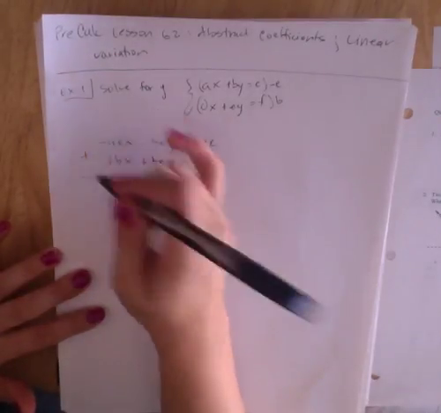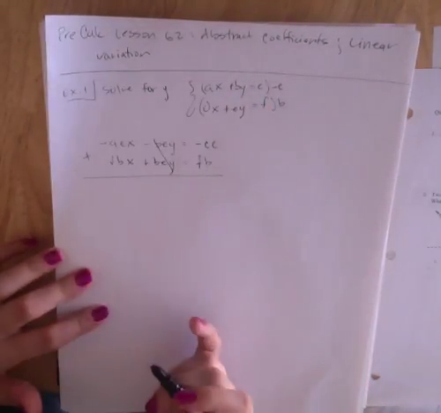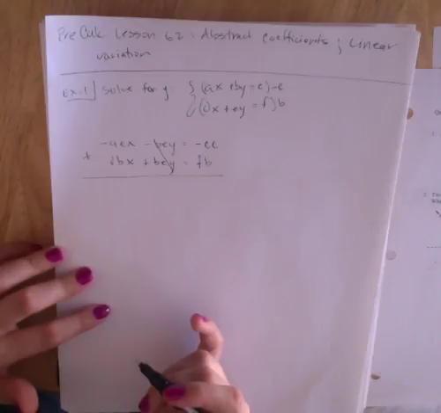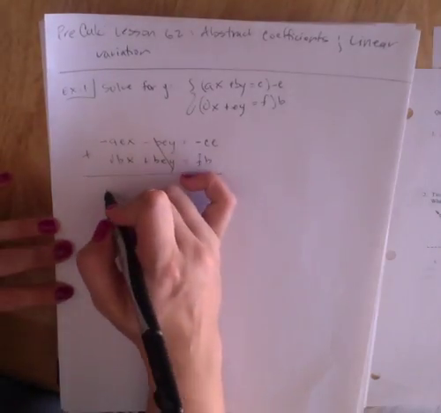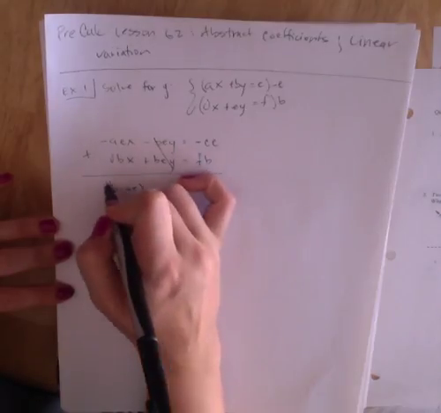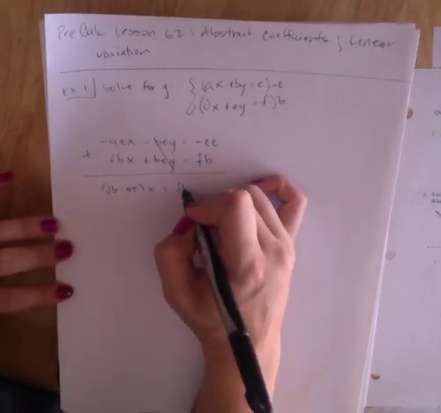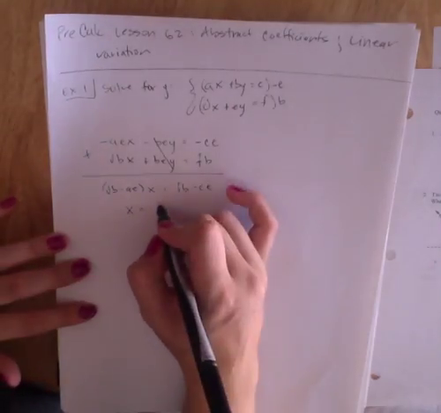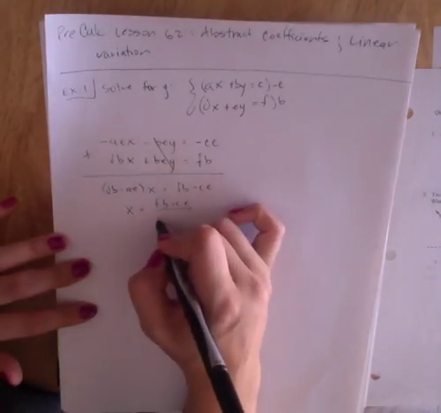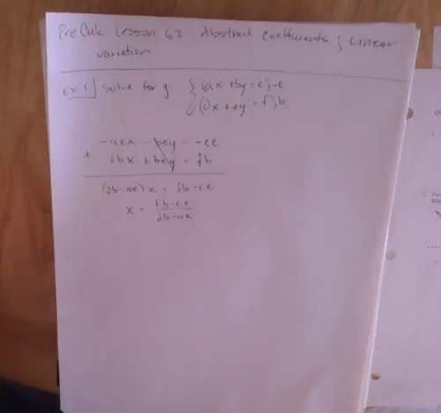You see, if I add these together, my y term cancels, leaving me with db minus ae x equals fb minus ce. And I solve for x by doing fb minus ce over db minus ae.